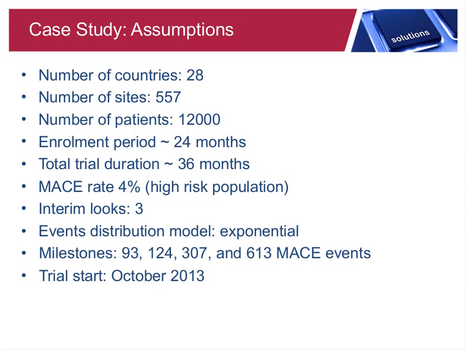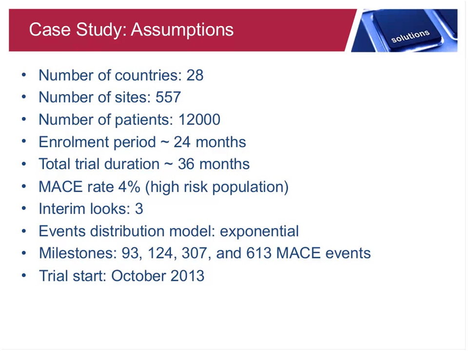Yes. Just as you can tell by the NDA filing being based on the number of events that occur, calculations with respect to the MACE rate for the population, or assessment of the MACE rate for the population that's being enrolled, are critical. And there is a literature which obviously lags behind real-time in many ways, and there is recent experience.